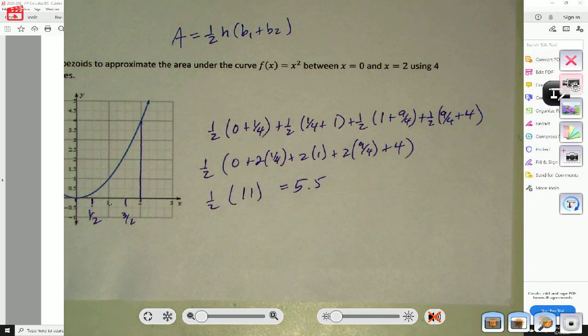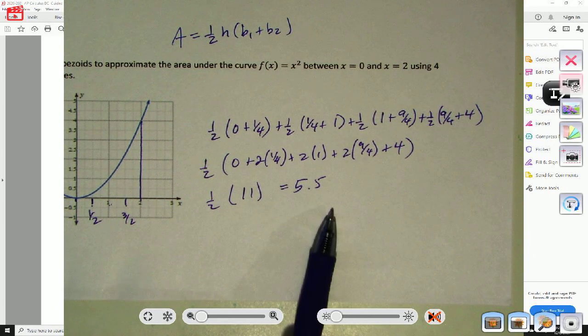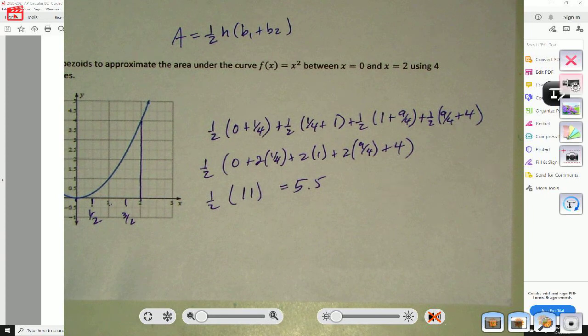Okay, now up to this point, you're probably wondering, how are all these related, right? What I mean is, how are the left endpoint, the right endpoint, the midpoint, the trapezoid, how are they all related? Okay, so as it turns out, the left endpoint approximation and the right endpoint approximation, if you average those two, you get the trapezoid version. Okay, so trapezoid is actually the average of the left endpoint and the right endpoint.